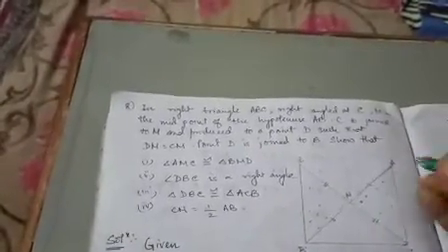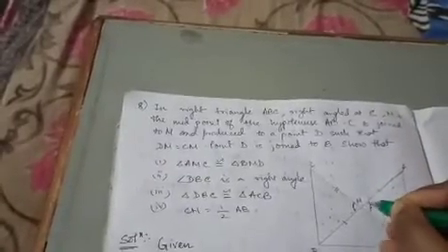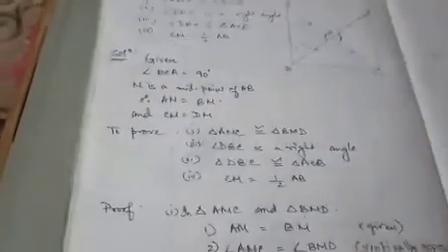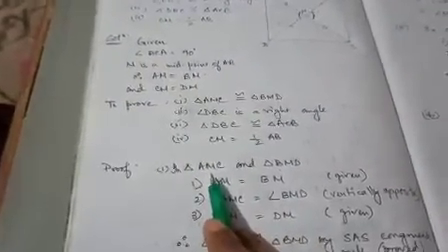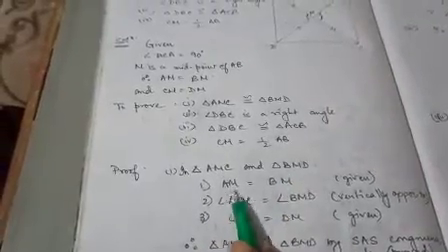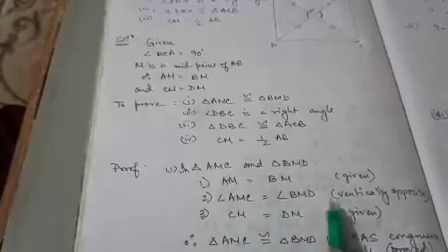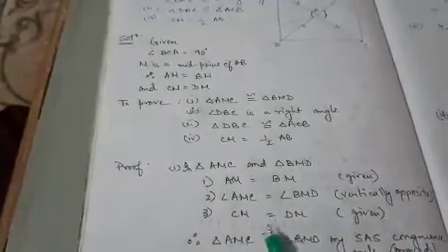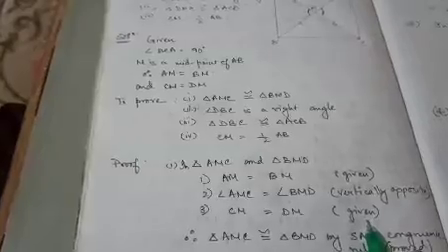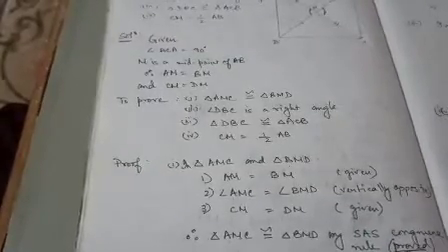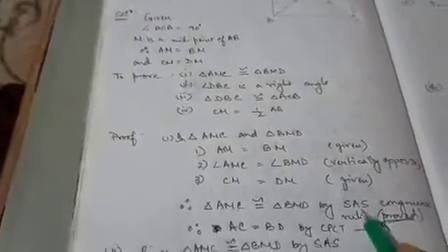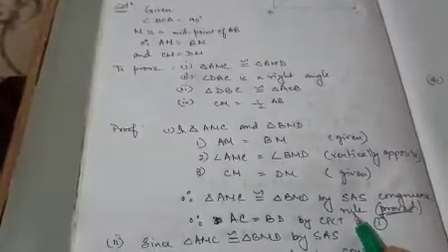We already have AM and BM equal, DM and CM equal, and the angle at M is vertically opposite since the lines intersect at M. So we will write, considering triangle AMC and BMD, AM is equal to BM, given; angle AMC is equal to BMD, vertically opposite; and CM is equal to DM, that is also given. So the triangles are congruent to each other by the side angle side congruency rule.